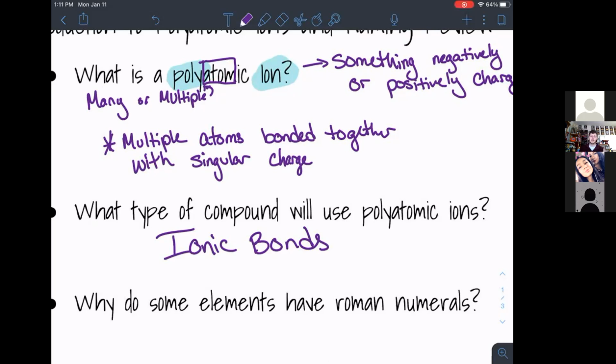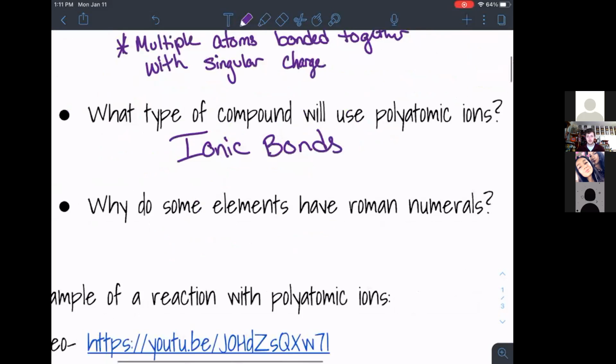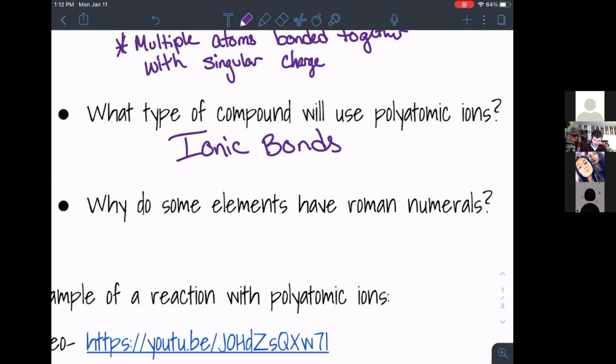And this one is a little bit different than polyatomic ions. Just a refresher for all you guys, to remember, why do some elements have Roman numerals? First, can you answer me, which type of elements have Roman numerals? Transition metals. The transition metals have Roman numerals.